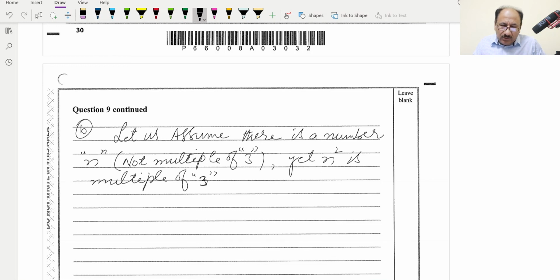So n is not a multiple of 3, but n square is a multiple of 3.